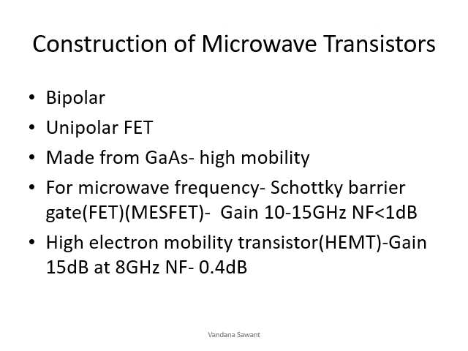It has a gain of 15 dB at 8 gigahertz and a noise figure of nearly 0.4 dB. If we compare the noise figure of MESFET and HEMT, the noise figure is quite small in a HEMT. So HEMT is a very commonly used transistor.